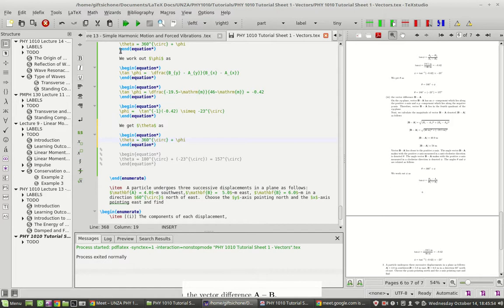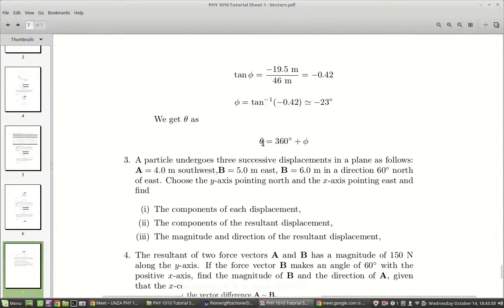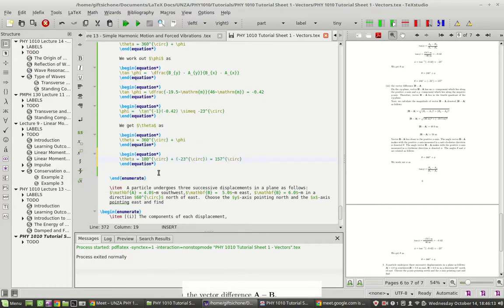Theta is equal to 360 degrees plus phi. So that is 360 plus negative 22.9.